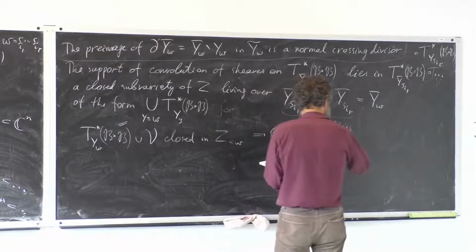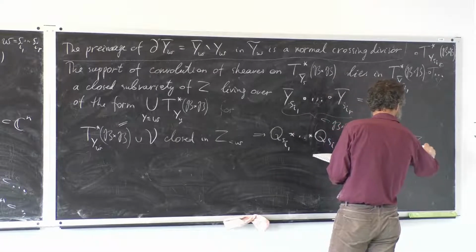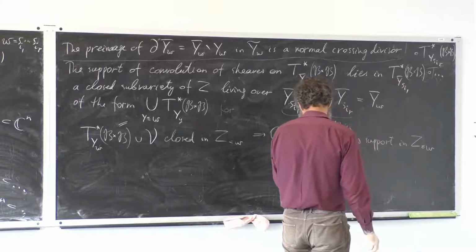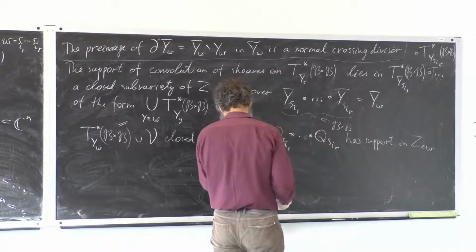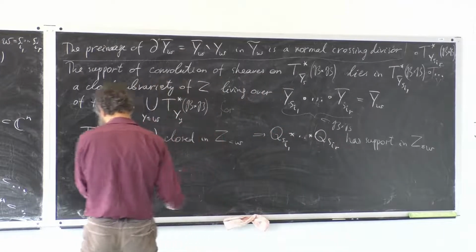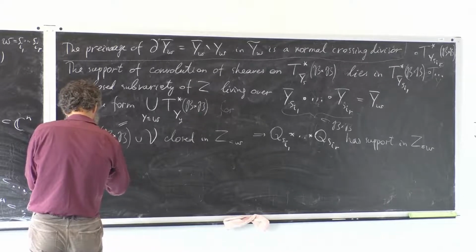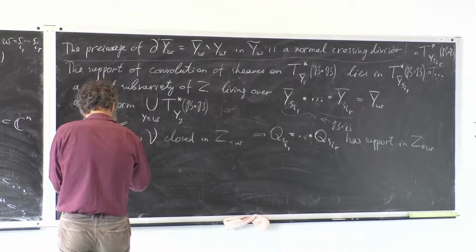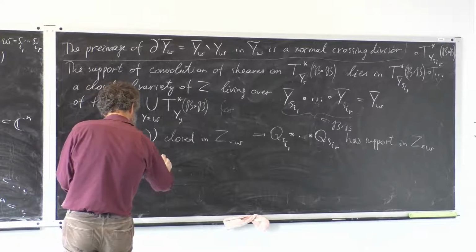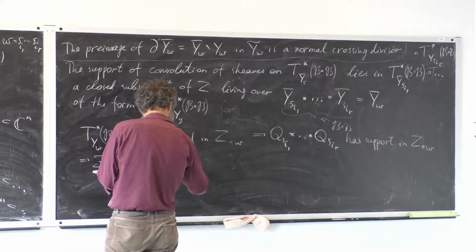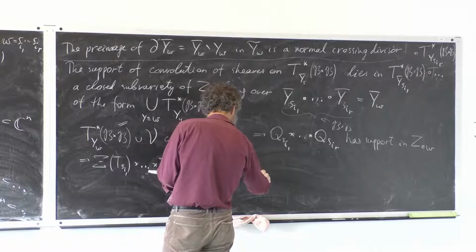We know that this has support in z less than or equal to w, and hence when we convolve their classes, we are in the desired convolution piece, and so we know that the convolution of theta of T s1, S I1, psi of T s IR also lies in the K group of z less than or equal to w.